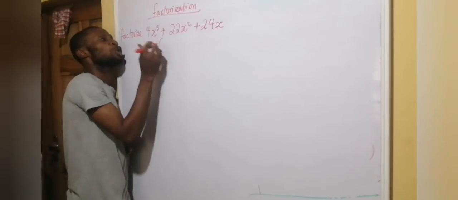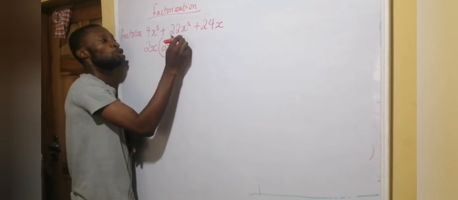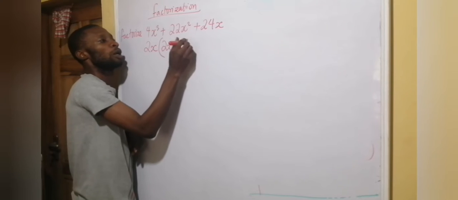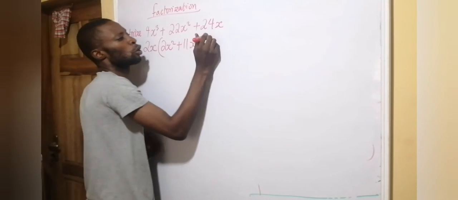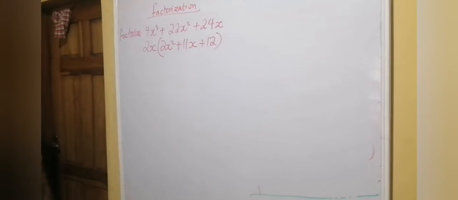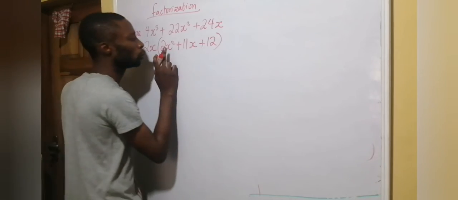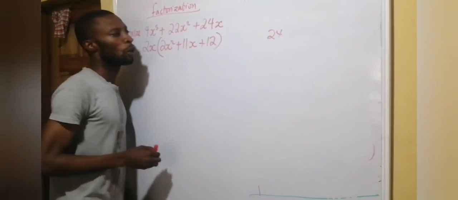So 2x going into 4x cubed is 2x squared, plus 2x going into 22x squared, 11x, plus 2x going into 24x, 12. So after we've done that, we factor it out. 2 times 12 is 24. So what will I do?